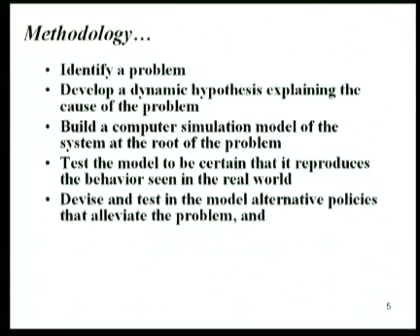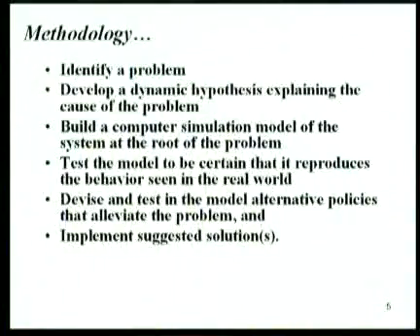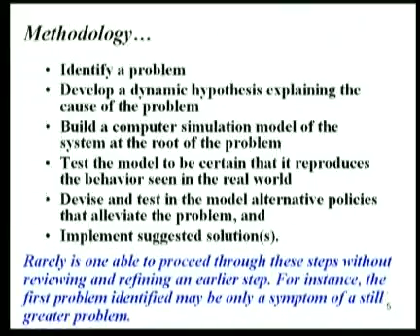That's the validation piece. And devise and test alternative policies in the model to alleviate the problem. So that's testing different solutions, if you will. So you can begin to see the relationship between this straightforward methodology and the methodology in more classical systems engineering. And then finally, implement the suggested solutions.